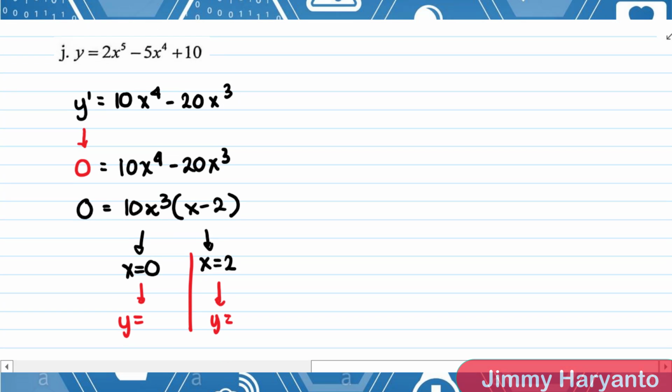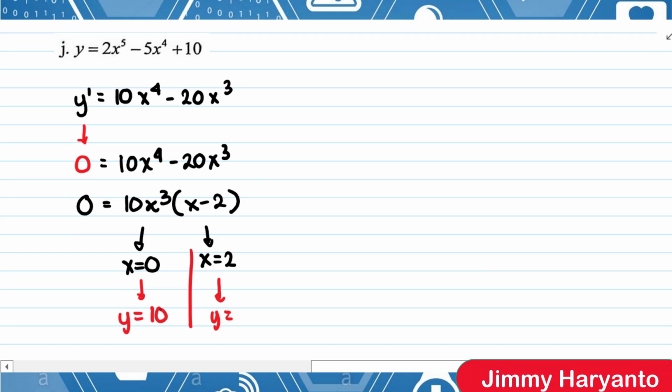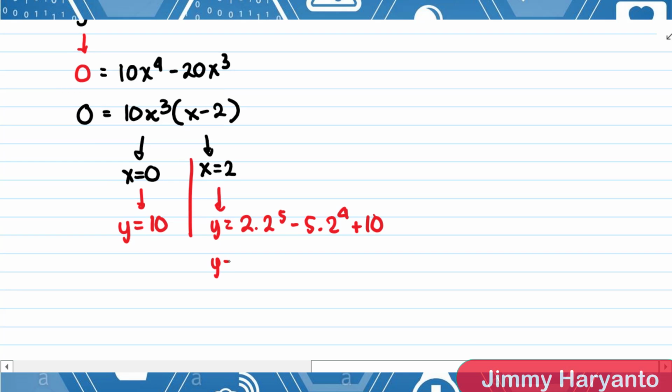The value of y for x equals 0 is 10, and then the value of y for x equals 2 is 2 times 2 to the power of 5 minus 5 times 2 to the power of 4 plus 10. For this one you'll have 64 minus 80, negative 16, plus 10, negative 6. So we have 0, 10 and also 2, negative 6.